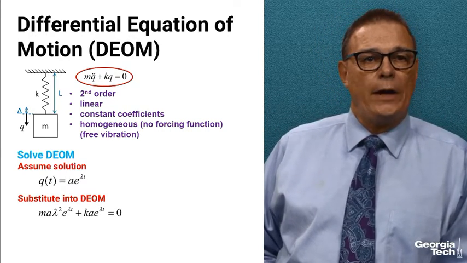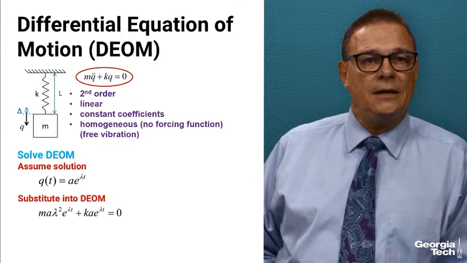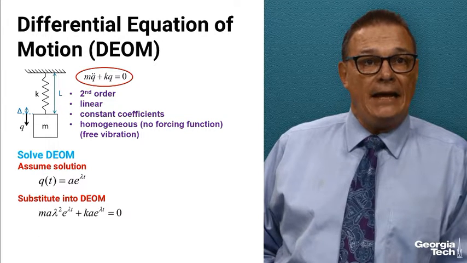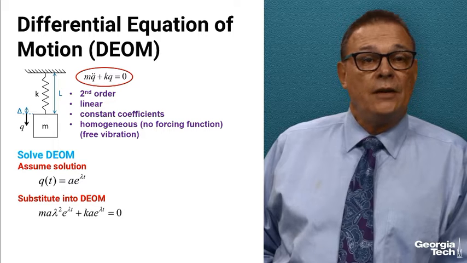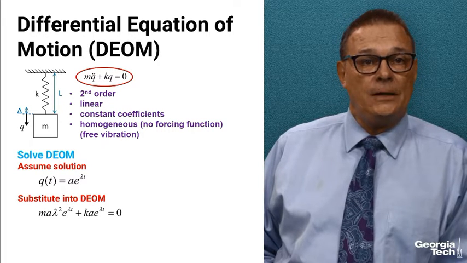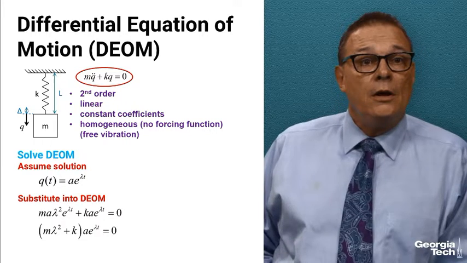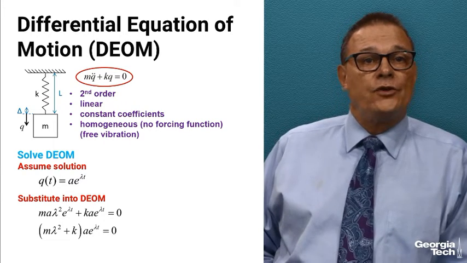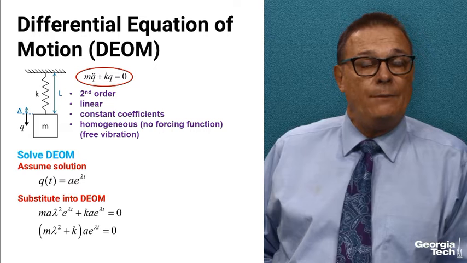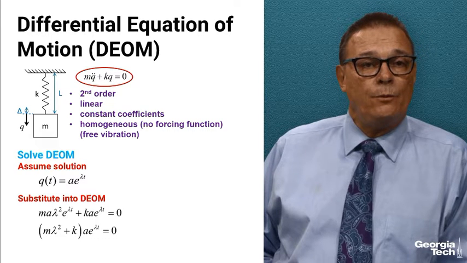So we have lambda squared times e to the lambda t times the A, plus k times q, where q is the assumed A e to the lambda t. To have that equal to 0, we can factor out the e to the lambda t, and we end up as shown.